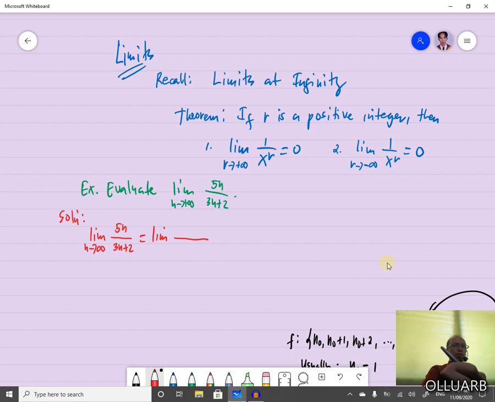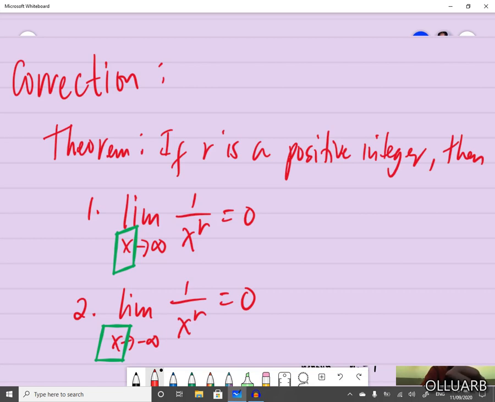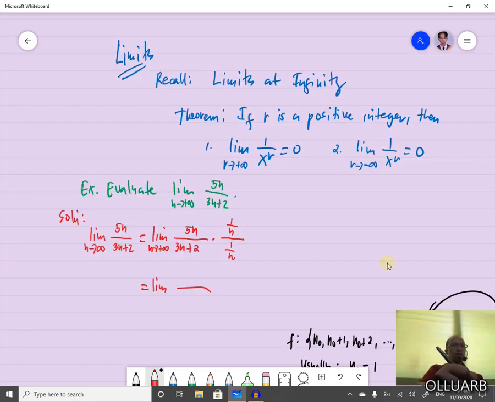So we have here 5n, so you will multiply both sides by 1 over n. This is how you are going to attack this problem. And then multiply this one to the numerator. Here we have 5, and the denominator becomes 3 plus 2 over n.